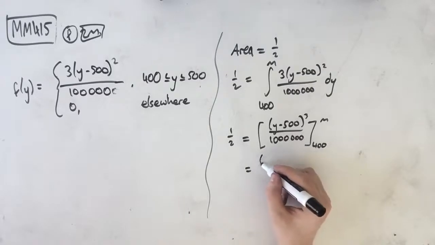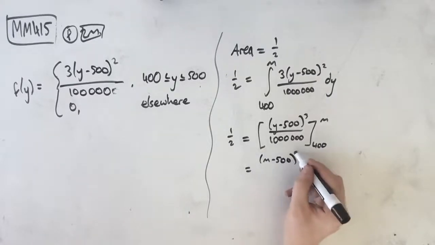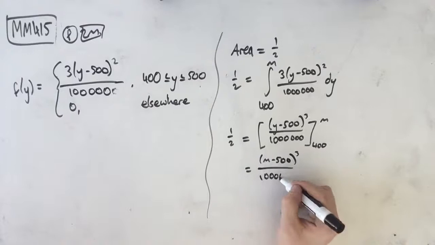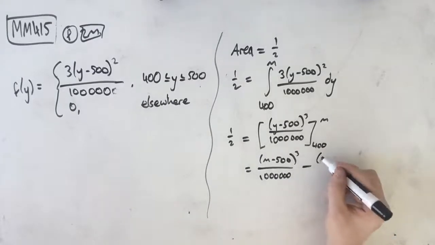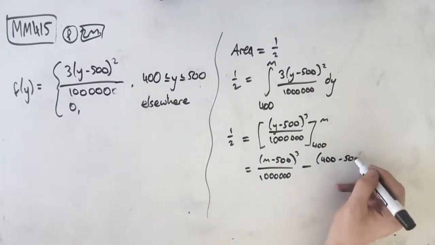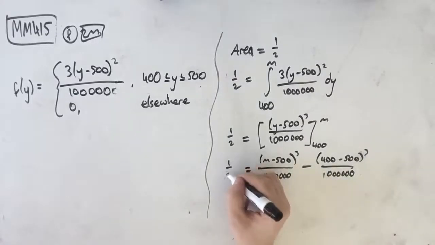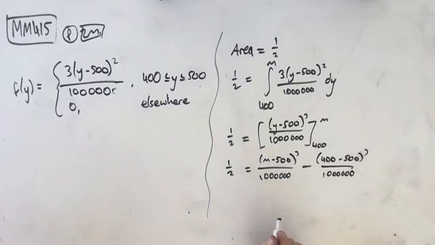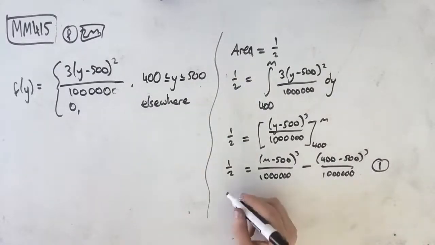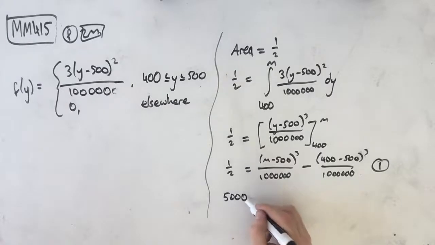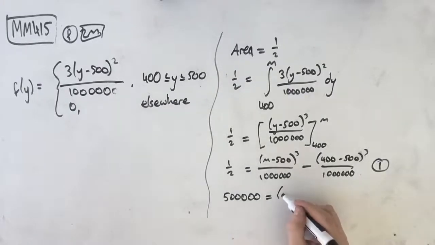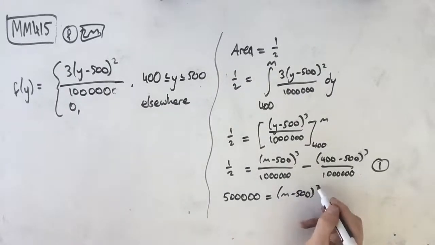So we get (m take 500) cubed over 1 million minus (400 take 500) cubed over 1 million. That's equal to 1/2. Awesome. So that's actually our first mark. We're going to multiply both sides by 1 million. So what we get is 500,000 equals (m take 500) cubed.